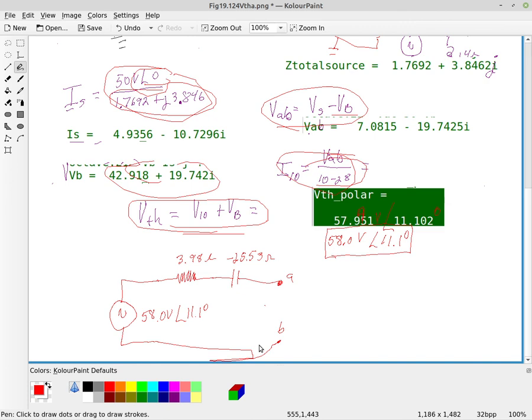All right, so once we do that, we can then say, well, what is going to give us the maximum amount of power? How do we get the maximum amount of power to the load between nodes A and B? And the answer for that is we use the theorem for maximum power transfer.